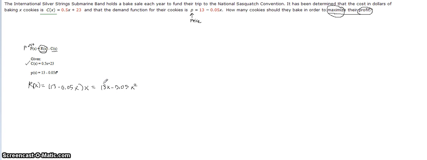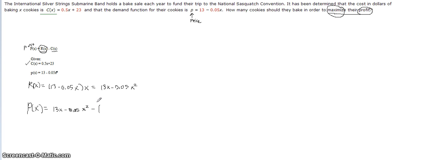Okay, so now that we have our revenue function, we can find our profit function. So P of x is going to be equal to the revenue, so that's the 13x minus 0.05x squared. That's the revenue. Subtract the cost, and the cost is this one that was given to us up here.